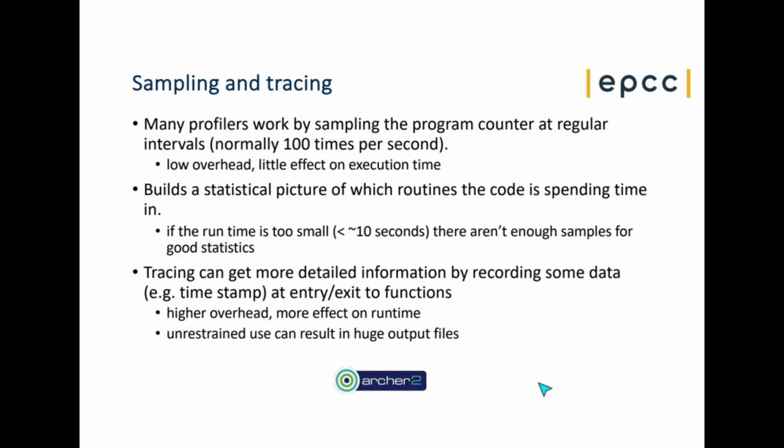Another thing that CrayPat is useful for is monitoring memory usage. You've got limited memory, and because systems like ARCHER2 don't support virtual memory, if you run out of memory, your application dies. So it can be useful to know how much memory your application is using.